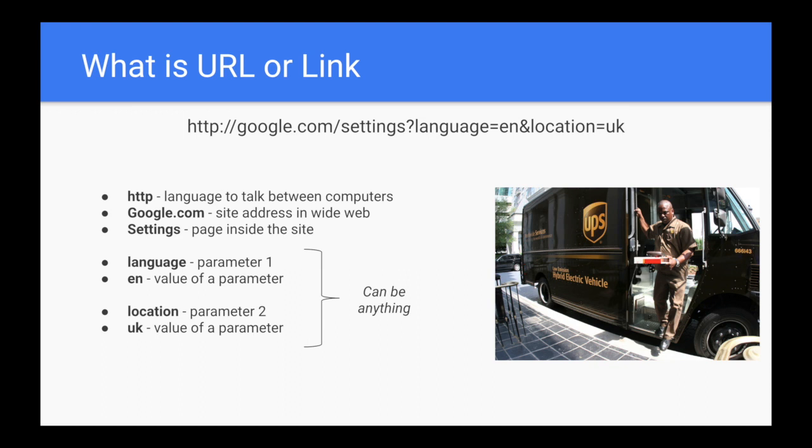He also needs to give you a package and ask you to sign the papers that you actually received it. To do that, he has to ask you something. This is HTTP, so the language. Because I guess it's difficult for him to ask me in Chinese because I don't speak Chinese, or for you it's difficult to answer in Russian, for example, because you most probably don't speak Russian.